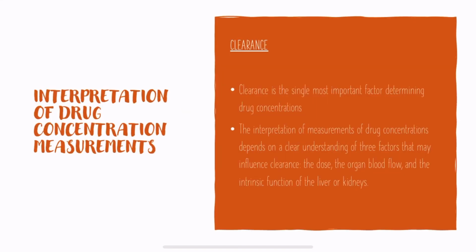So, interpretation of drug concentration measurements. Clearance is the single most important factor determining drug concentrations. The interpretation of measurements of drug concentrations depends on a clear understanding of three factors that may influence the clearance: the dose, the organ blood flow, and the intrinsic function of the liver or kidneys.